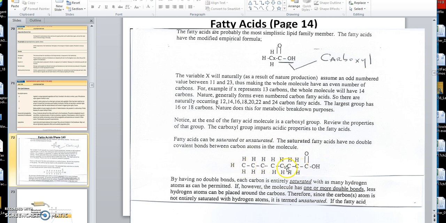Whoever came up with the term said it is saturated with as many hydrogens as possible. If you had a double bond, you couldn't put as many hydrogens, therefore unsaturated. If you only had one double bond, then you would be monounsaturated. If you had several, you would be polyunsaturated. Okay, so read on that.